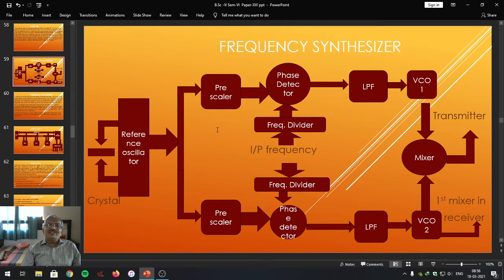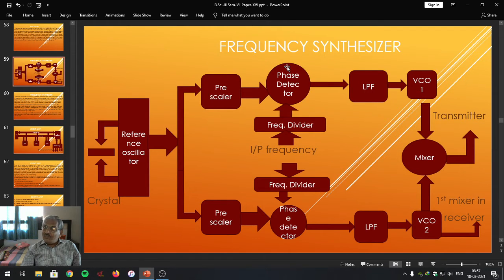Basically, the frequency synthesizer is divided into two halves. Each half contains a PLL circuit, a phase locked loop. You might have studied the phase locked loop circuit, or you are going to study it in this particular year, or it might be studied in semester number 5. The phase locked loop makes use of a phase detector.